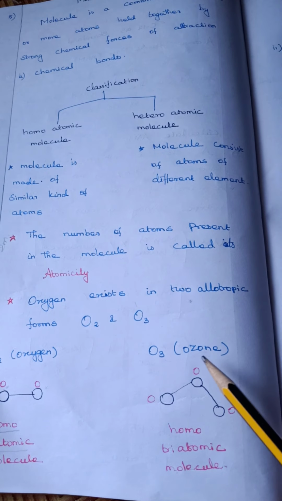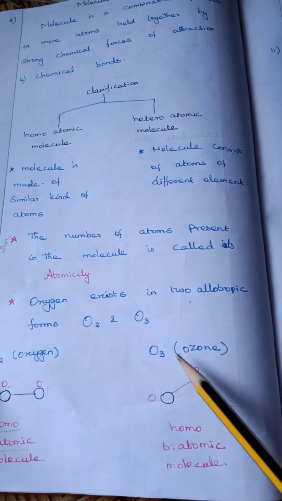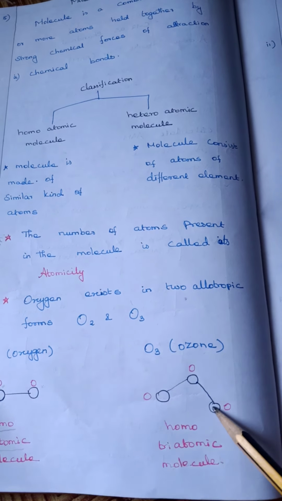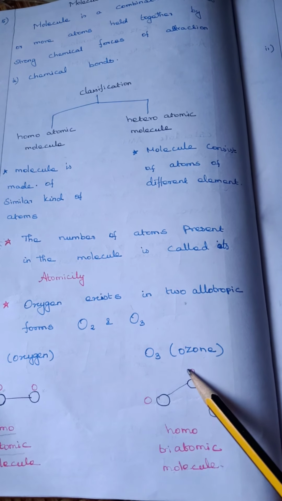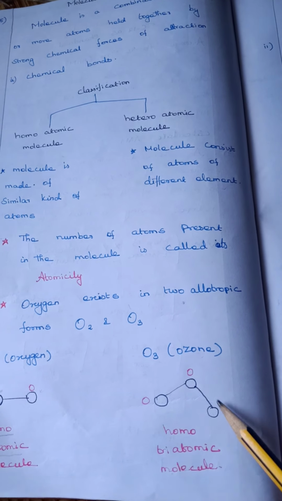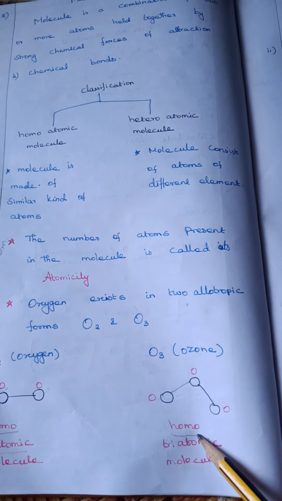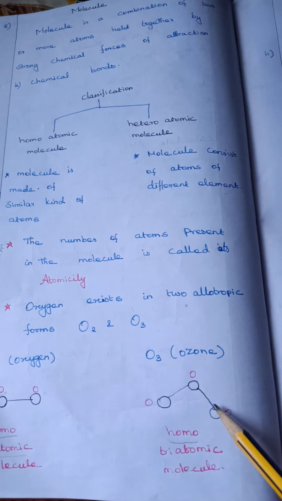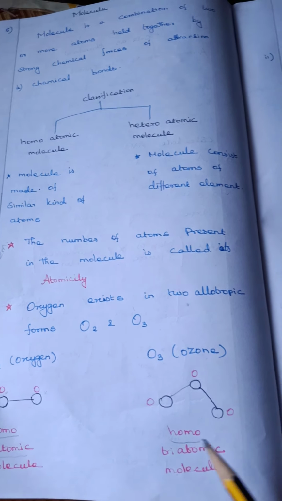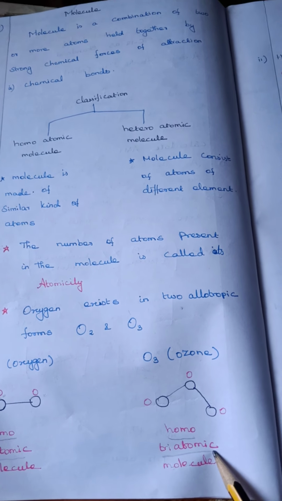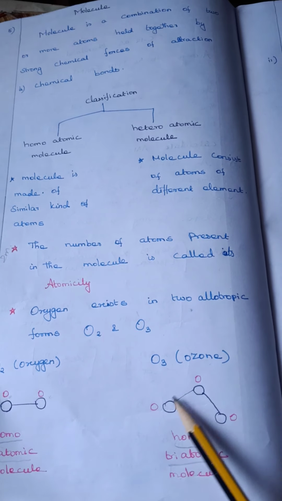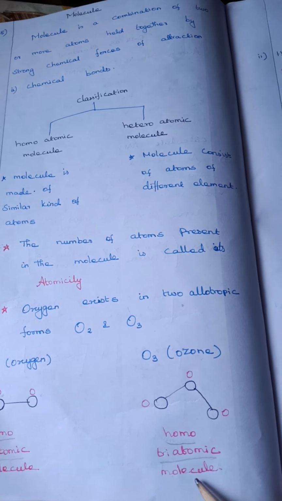Here ozone, the formula is O3, and the structure is OOO. All three are the same element, so homo. How many atoms are present here? Three atoms. Triatomic. So it is called a homo triatomic molecule.